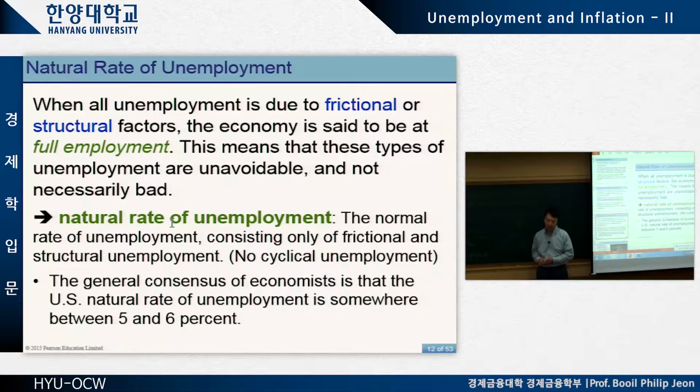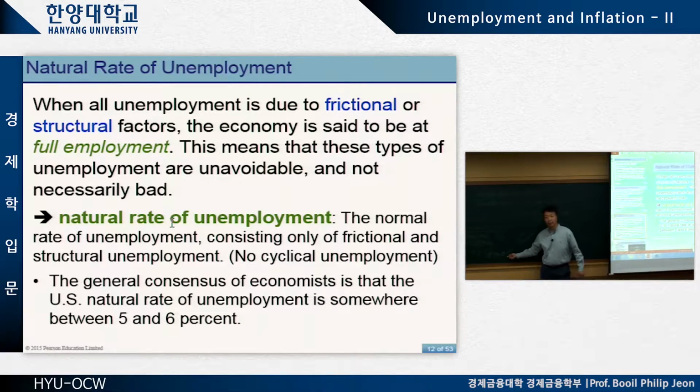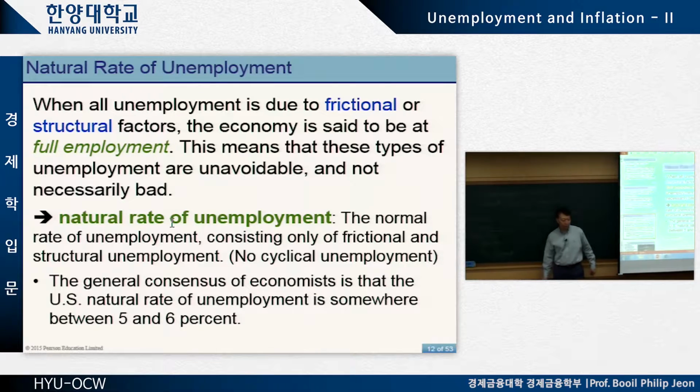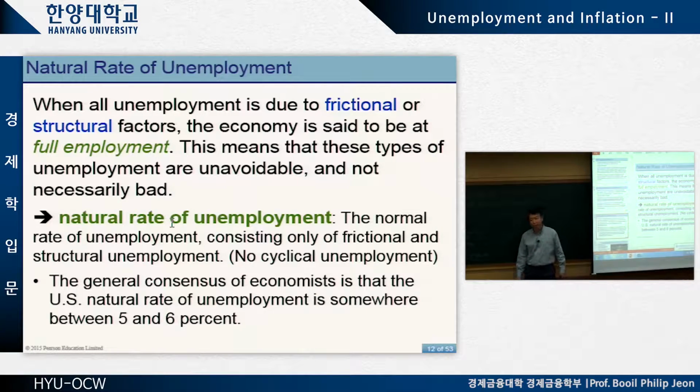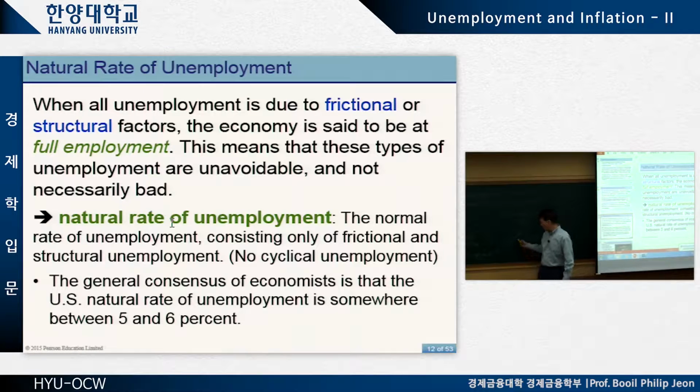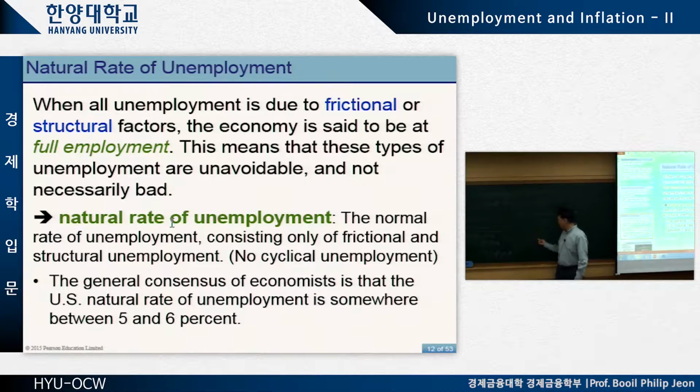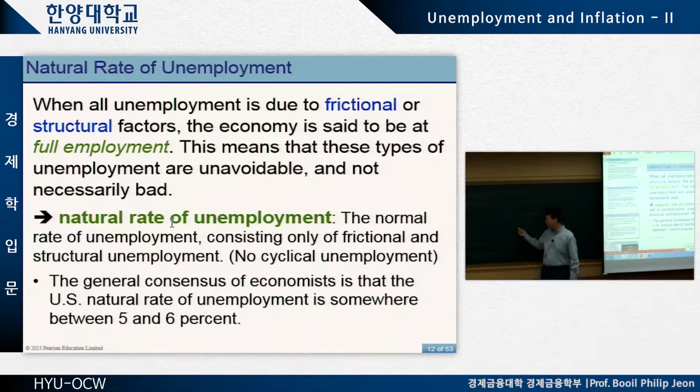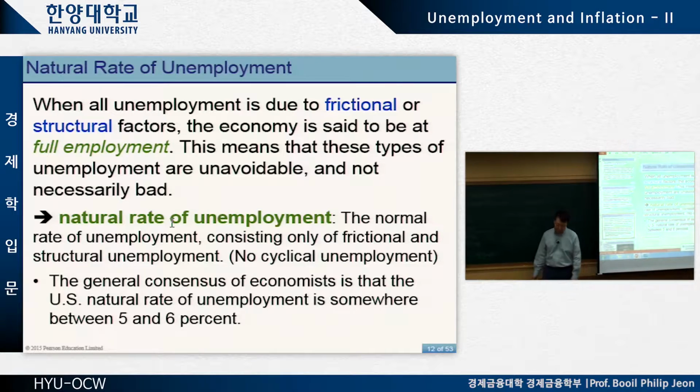So the only unemployment we have at that time is frictional and structural, but no cyclical unemployment. So achieving full employment is the goal of economic policy, or macroeconomic policy. And that means we're trying to eliminate cyclical unemployment because this is unnecessary. Remember that?